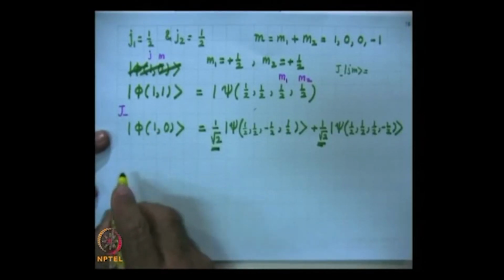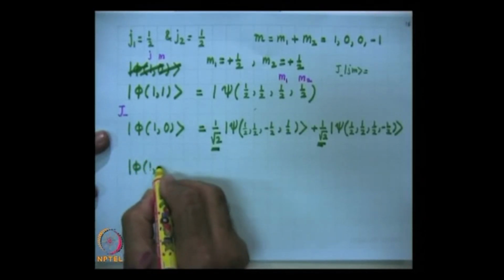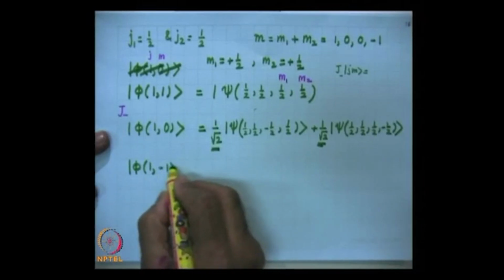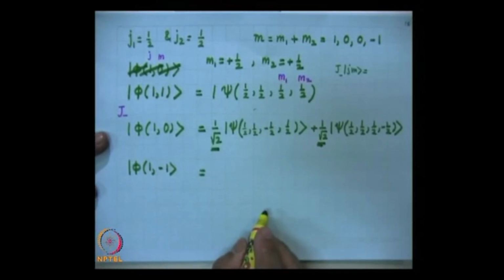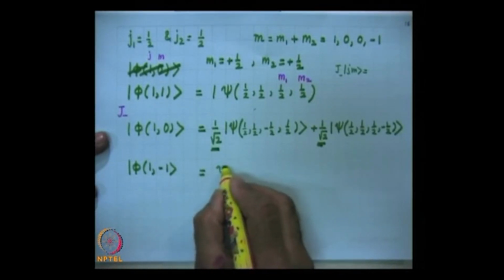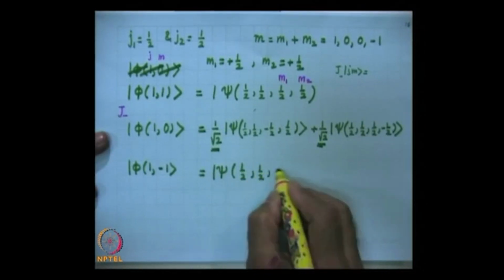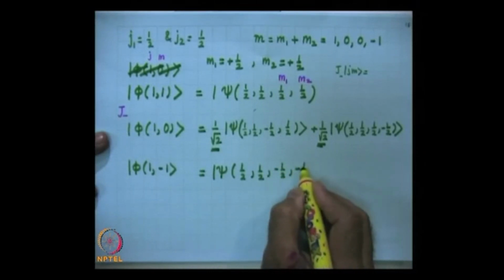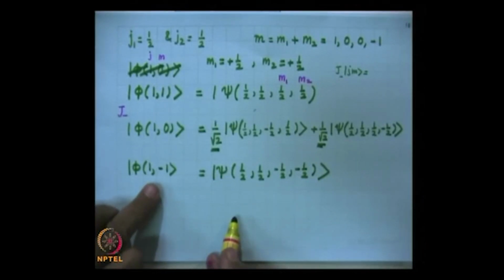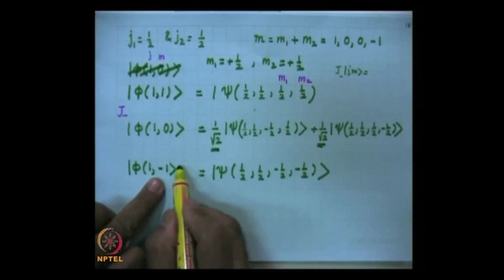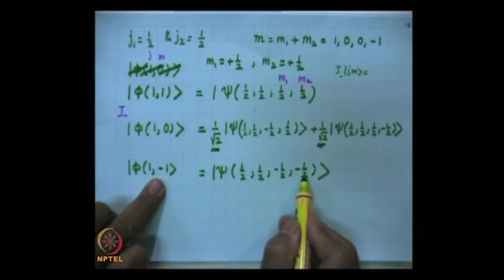So, again under root of 2 will come, but a little algebra will show that phi of 1 comma minus 1 will come out to be, you have to do a little algebra and I leave that as an exercise, you will find that this will be half, minus half, minus half, and that you should have expected, because when m is minus 1, m1 has to be minus half, m2 has to be minus half.